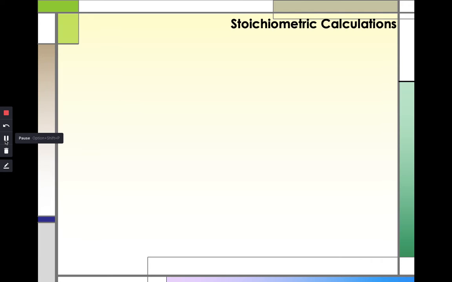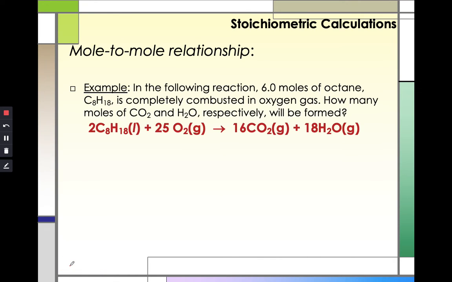So let's have the first part, mole to mole conversion. All right, let's see. So here we are given an example in the following reaction: 6 moles of octane, given by the formula C8H18, is completely combusted in oxygen gas.